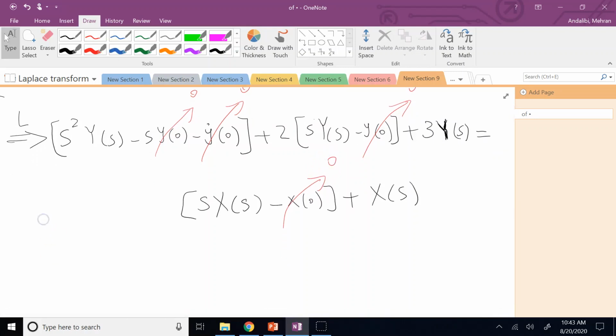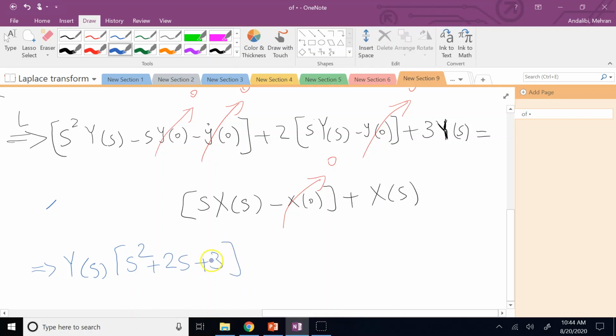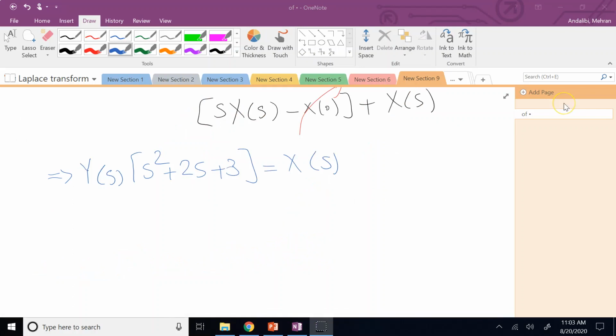So if I now factor it out, I will get Y(s) times, you can see there is an s squared term here, and then you have plus 2s, then plus 3. This is equal to X(s) times s plus 1.